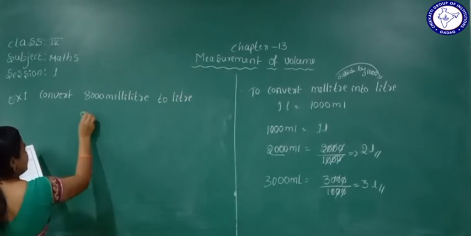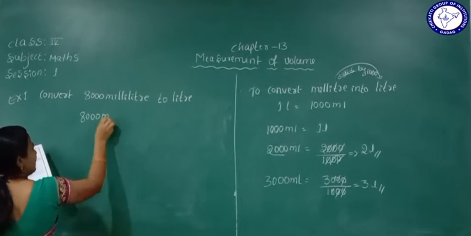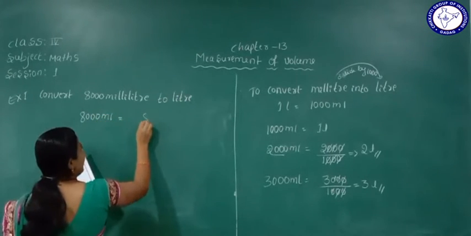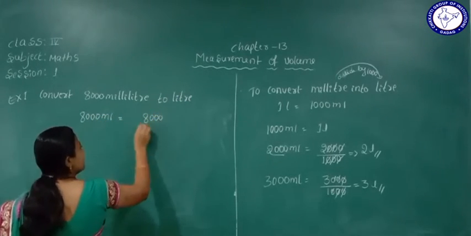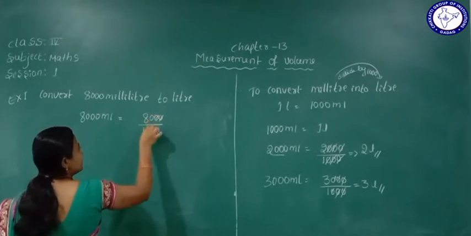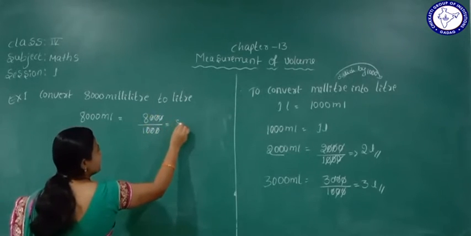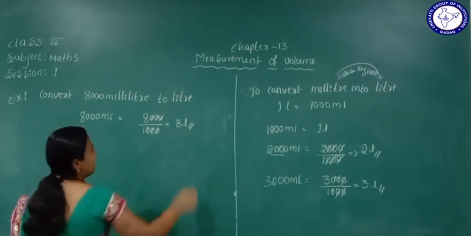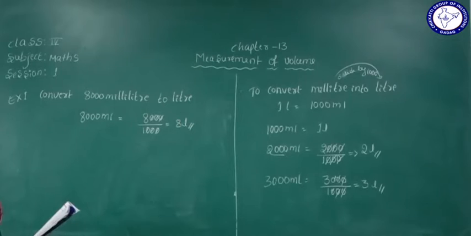First we'll write 8000 ml. So we'll write 8000 divided by 1000. 0 0 0 cancelling. Yes, the answer is 8. We get 8 liter.